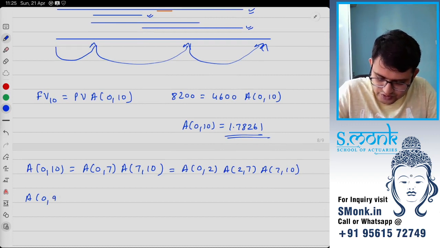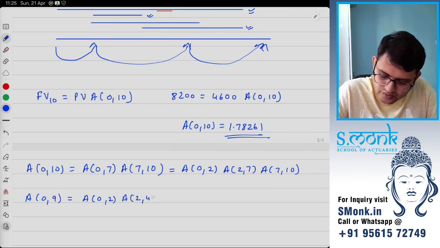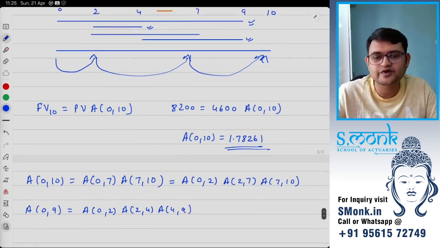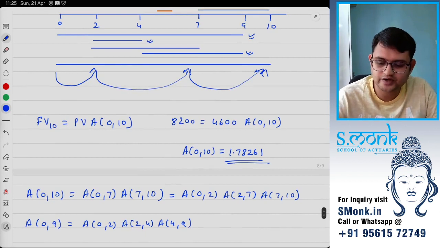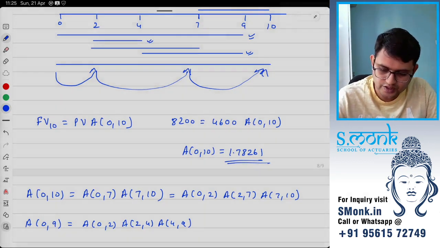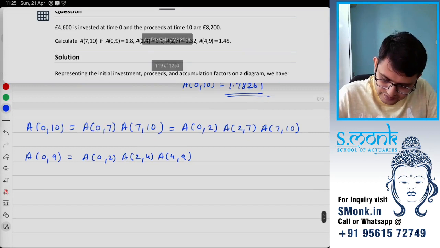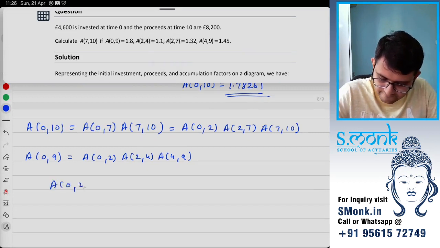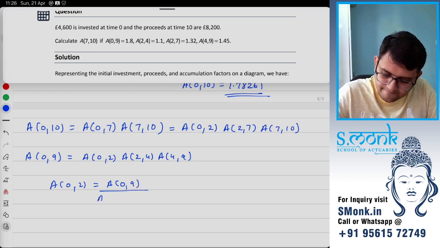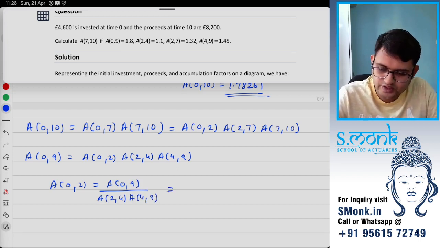So 0 to 9 would be 0 to 2, 2 to 4, 4 to 9. All the accumulation factors always get multiplied or divided, right? So if I want 0 to 2, it would be 0 to 9 upon 2 to 4, 4 to 9. Now let's just take those values.